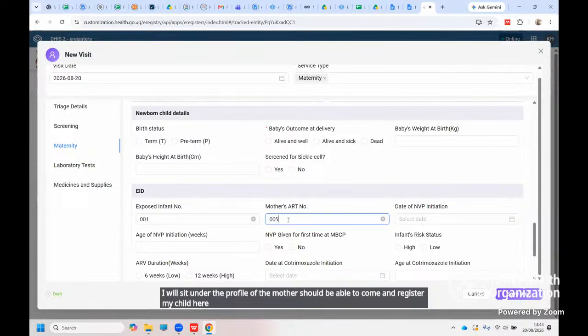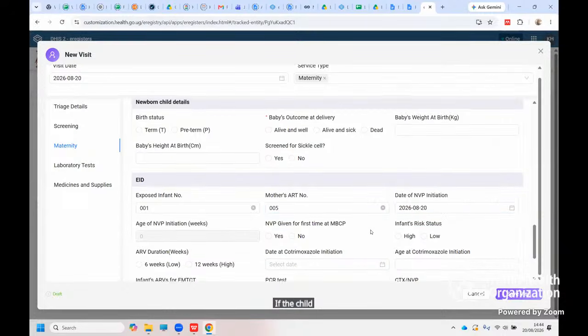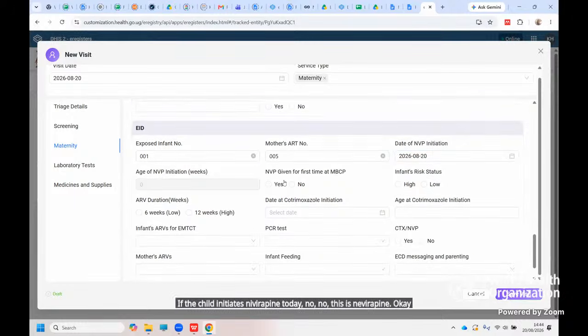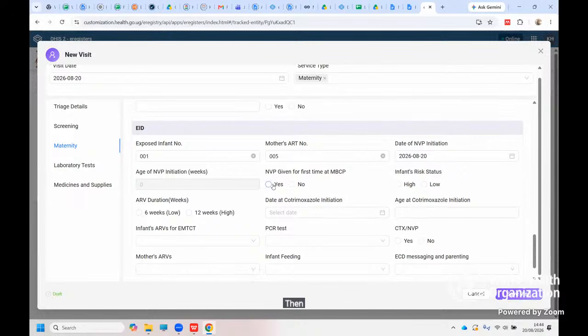So this is the ATS number. If the child initiates nevirapine today, this is nevirapine. Today you put that date. Then given first time at mother baby care, I will indicate the risk status, high or low.